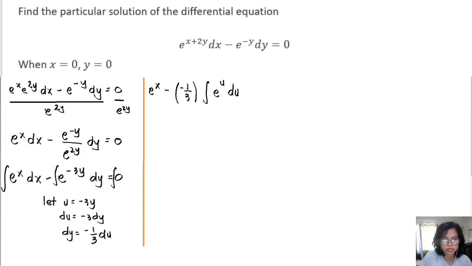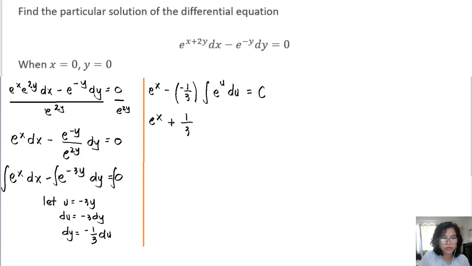So this means that this expression, integral of e to the negative 3y dy, is just simply e to the u times negative 1/3 du, is equal to integral of 0. Let's put that as c. So what happens? This becomes e to the x, negative, negative, that becomes 1/3.